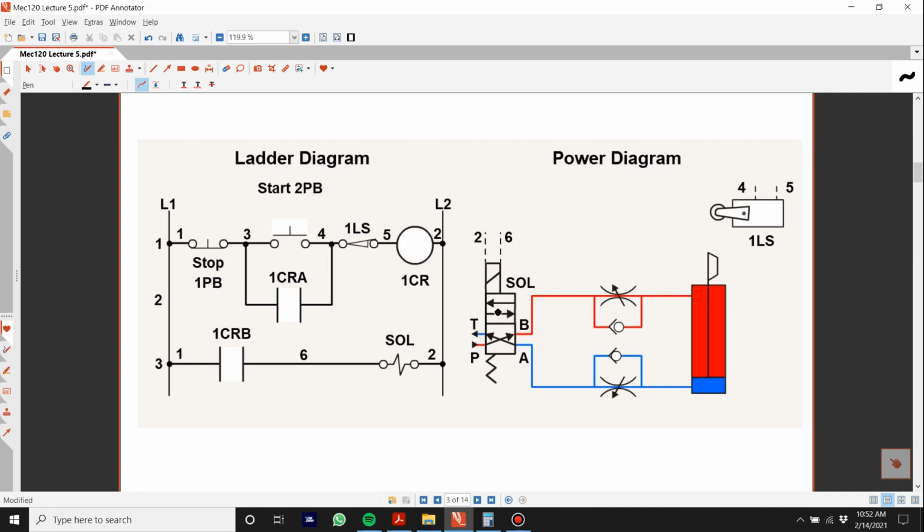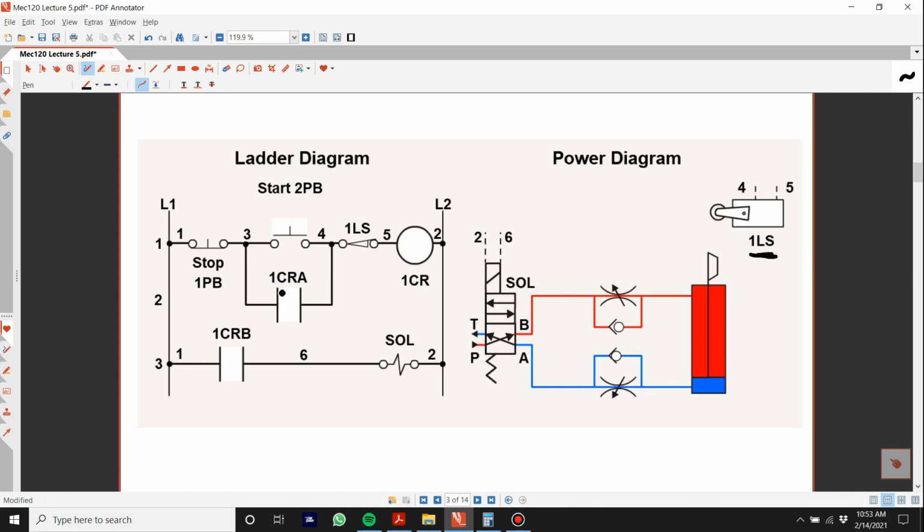We have a 4-2 valve here that is energized with a solenoid on one side, and it has a spring return. We have some flow control here, and then we have a double acting cylinder. When this gets energized, it comes out and it hits a limit switch.